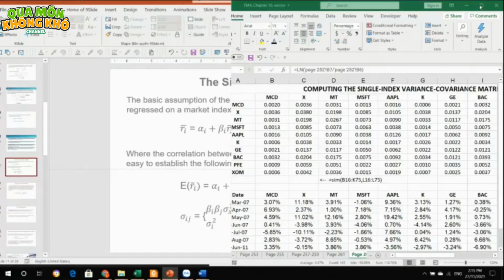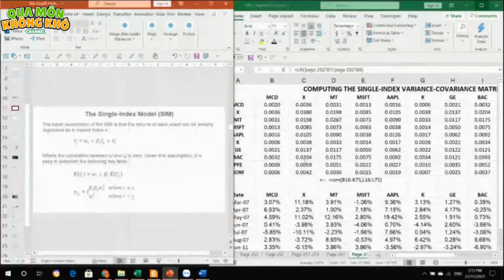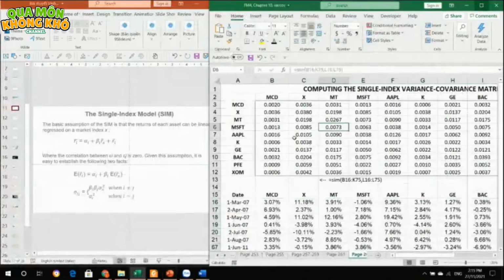Just step by step. First of all, you need to figure out the beta of each stock, and then with the beta of each stock, you can create the covariance between two stocks. So how can you do that?